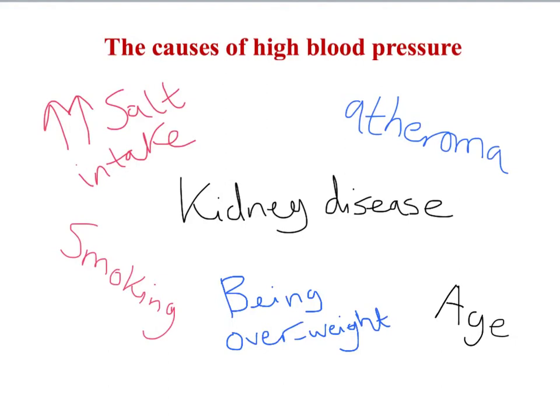A hemorrhage or a loss of blood could cause that. A head injury, a loss of consciousness, a heart attack, so myocardial infarction, or even hypothermia. Hypo means low, thermia referring to a temperature, so a state of extreme cold.